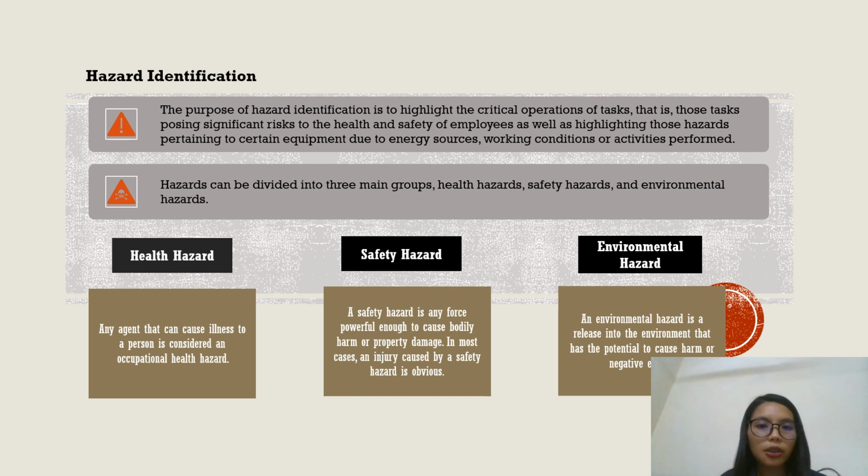The purpose of hazard identification is to highlight the critical operation of tasks, that is, those tasks posing significant risk to the health and safety of the employee, as well as highlighting those hazards pertaining to certain equipment due to the energy sources, working condition, or activities performed. Hazards can be divided into 3 main groups. One is health hazard, second is safety hazard, and the third is environmental hazard.